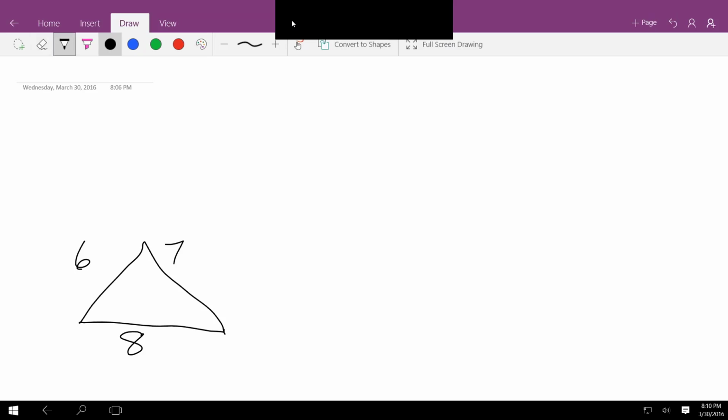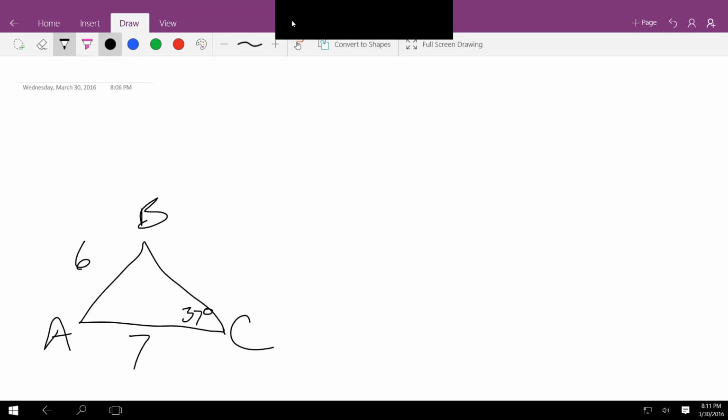No. Okay, let me change it then a little bit, because I would have to use the law of cosines to solve that. You use the law of sines when you have one angle and its opposite side. So if I had this kind of triangle, I can solve it totally because I have three pieces of information. If you have three pieces of information, you can always solve for all six pieces.